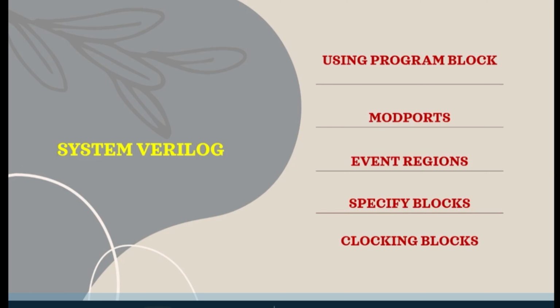Basically modports are used to tell the direction of ports, whether it is input, output or inout. So since you are mentioning the input and output directions in the modport, and you use the modport when the signal is going from DUT to TB and from TB to DUT also, there won't be any collision because you are mentioning clearly which is the input direction and which is the output direction.